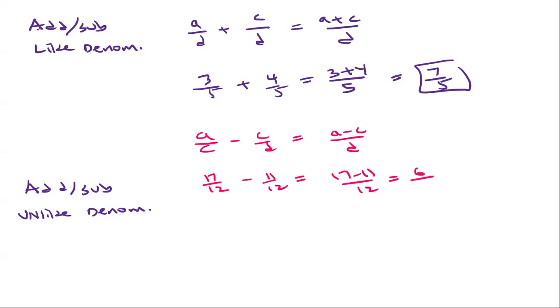Well, that's going to give me 6 over 12, which reduces to 1/2. Okay. So again, I can do those things because the denominator is the same. I don't have to do anything fancy or anything like that. All right.